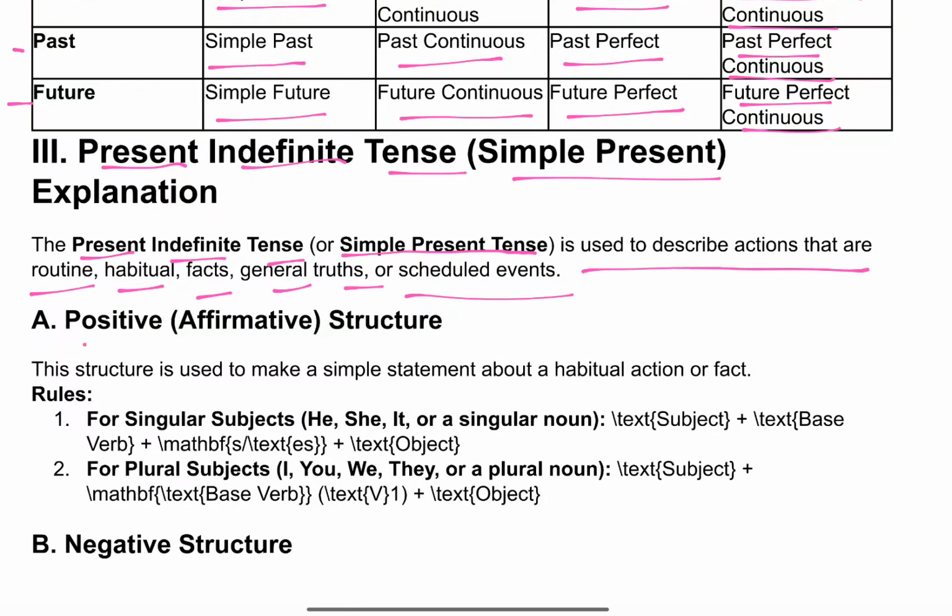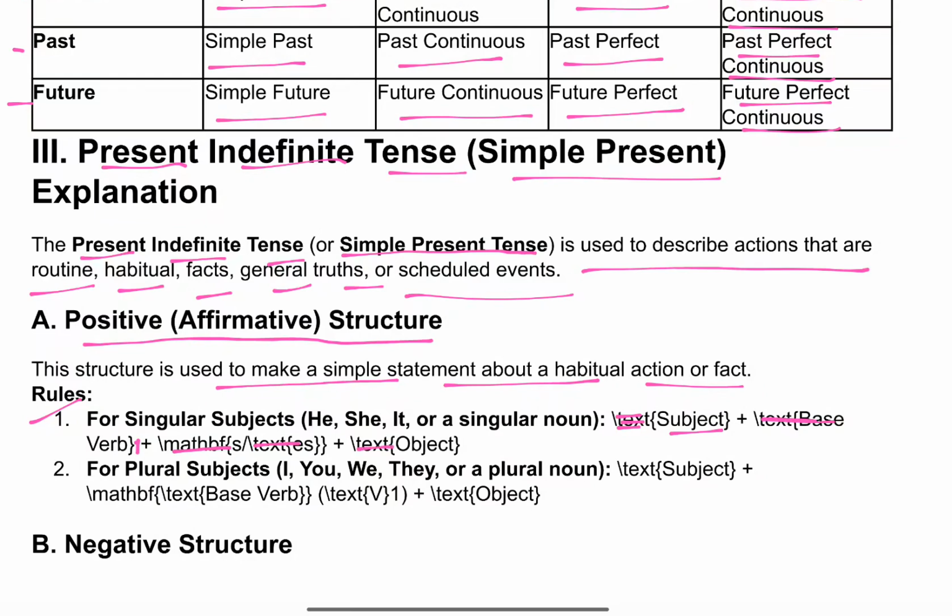So now, first is the positive, or affirmative, structure. This structure is used to make a simple statement about a habit or fact. First, for a singular subject like he, she, it, or a singular noun: subject plus base verb, main verb first form, plus s or es, plus object.